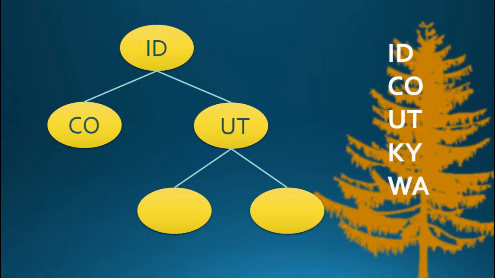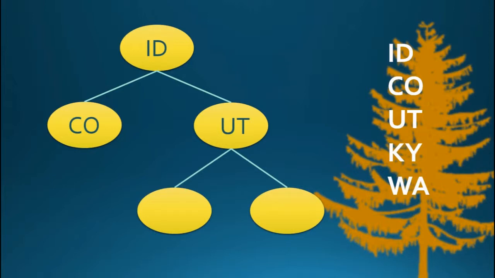Now when we encounter Kentucky, we have a couple of jumps that have to occur. First, we compare Kentucky against Idaho, and it says go to the right subtree. When we reach the node Utah, we compare Kentucky against Utah, and we find that it is less than Utah.